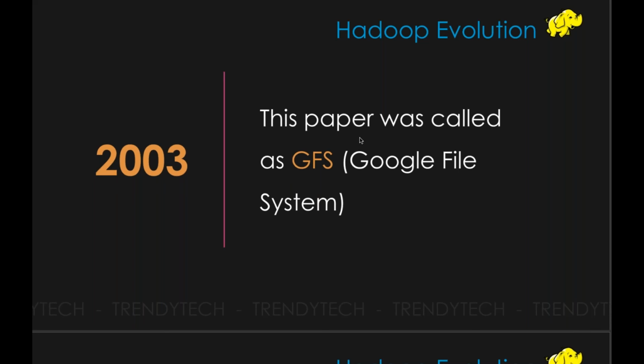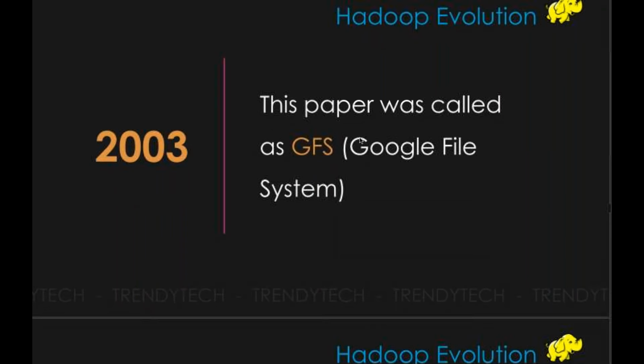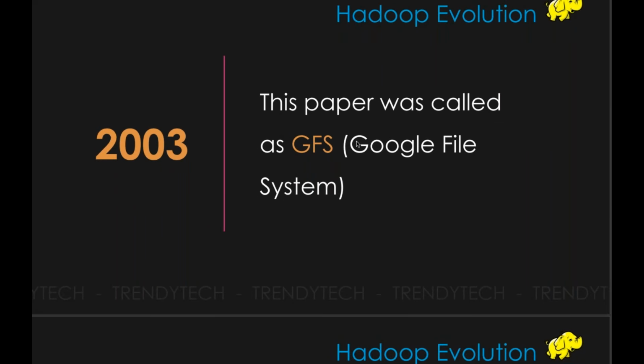This is what they talked about in the GFS paper, and GFS stands for Google File System. So the name of this paper on distributed storage is GFS, where they talk about how, if you cannot store the data on one machine, you can divide the data and store it on multiple machines.